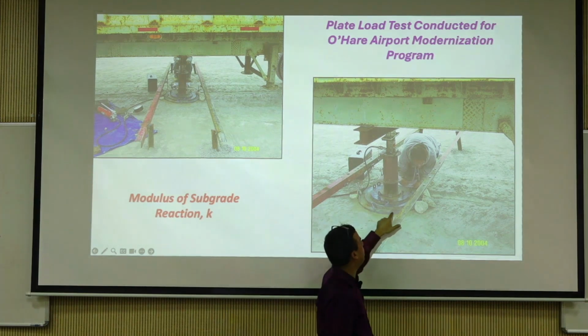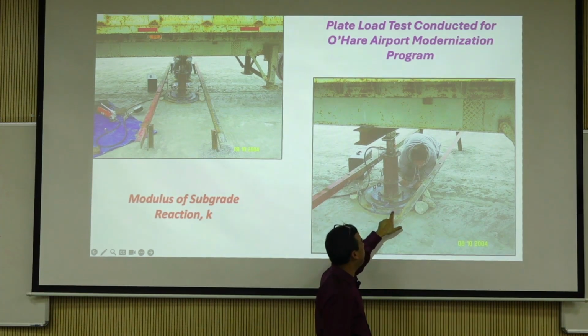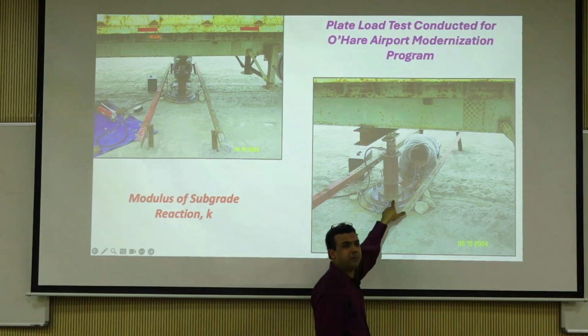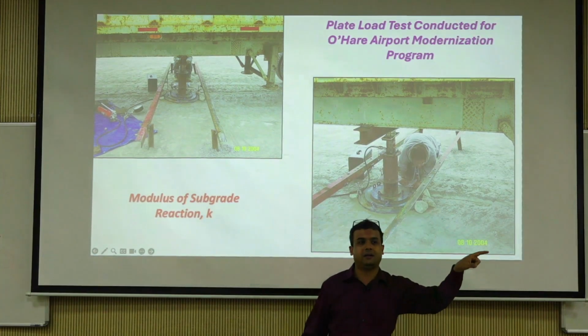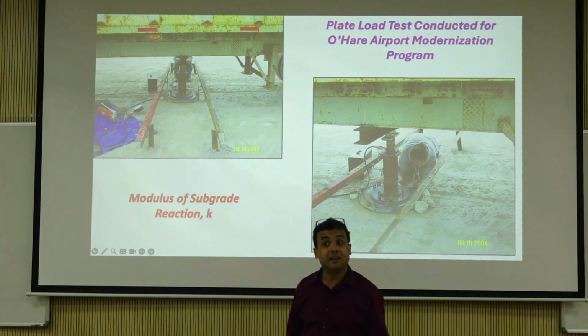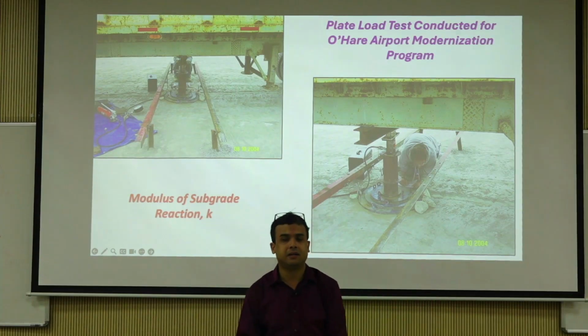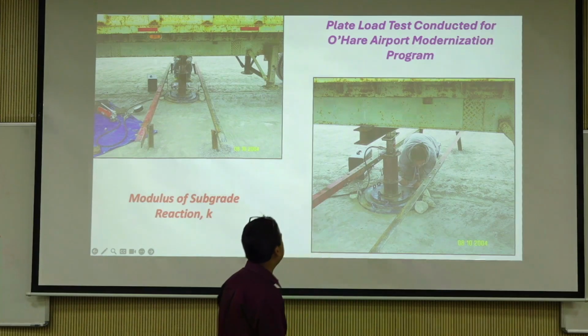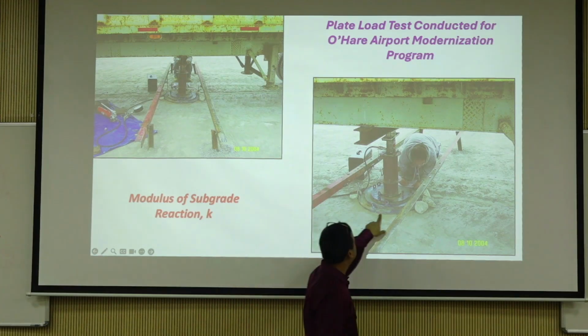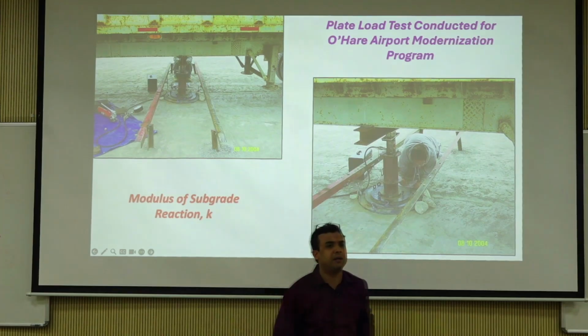Those of you who are familiar with plate load testing, what's the purpose of the stacking of the plates? Any idea? Say it again. Towards stress concentration, but it's a plate. Why can't you just use one plate?